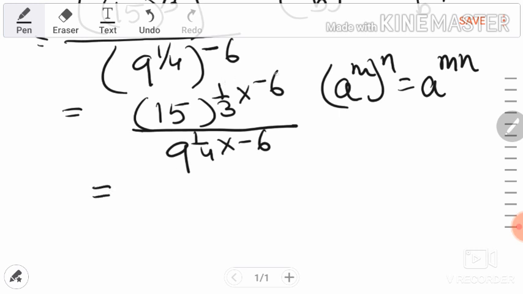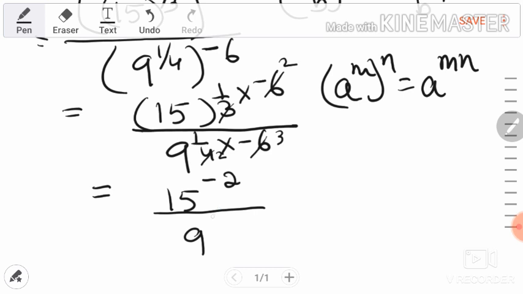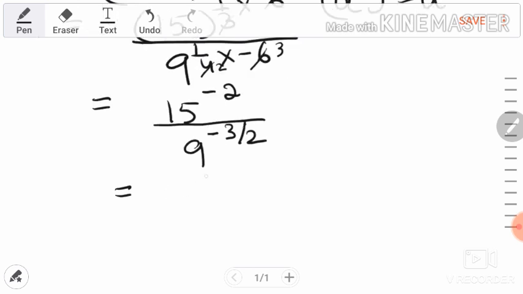So now we will simplify the numbers in the power. We get 15 to the power minus 2, and here in the denominator 9 to the power minus 3/2.